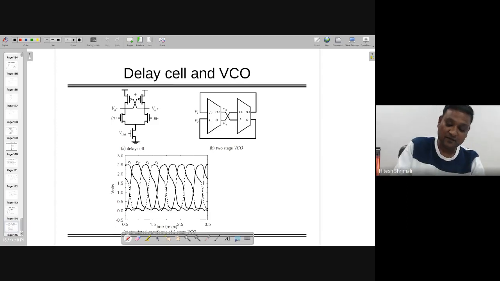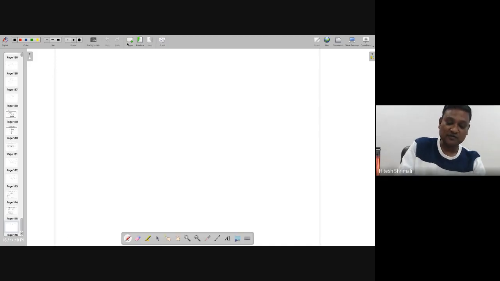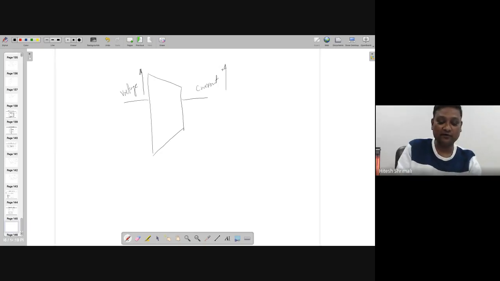So here there is one block. By the way, this block is actually known as the GM block. GM is the one where the output is current and the input is voltage. So as you increase voltage, I want the current to increase also.